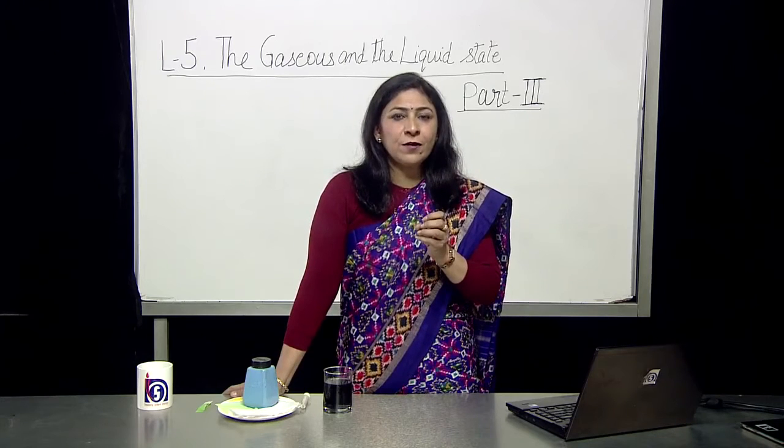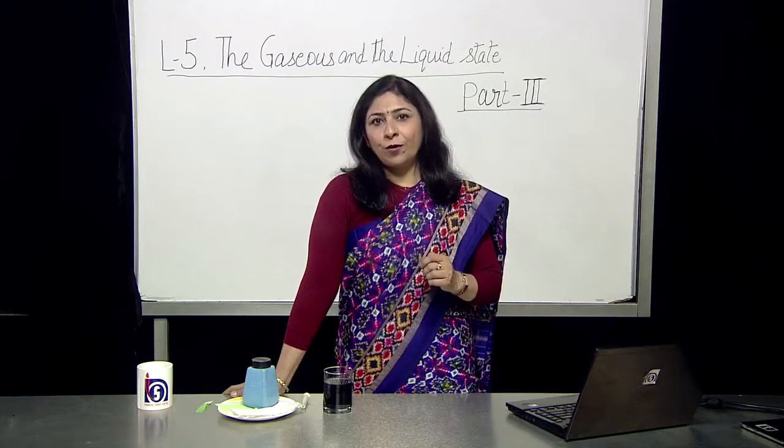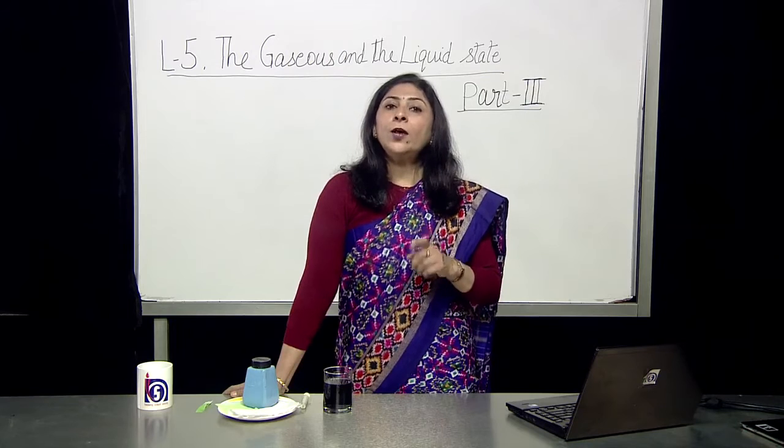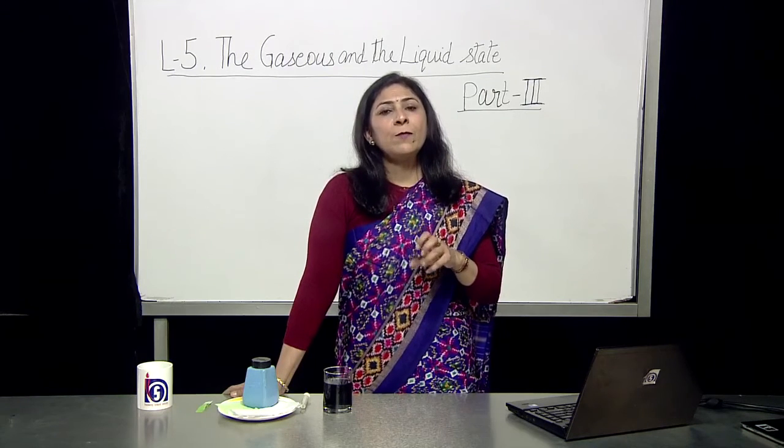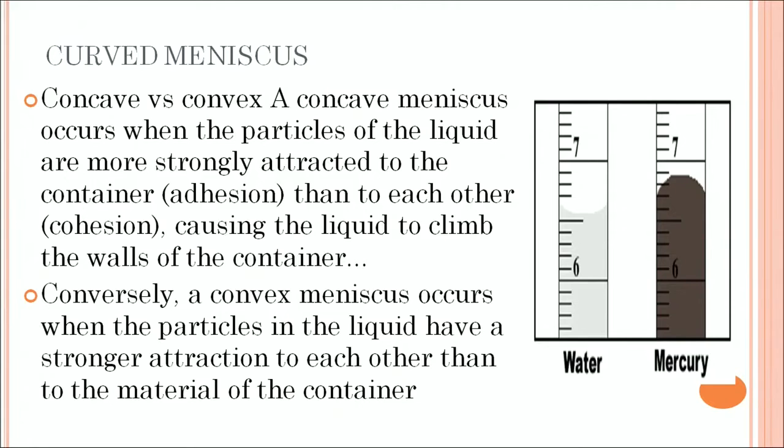We find that in the water case, but in the mercury case the cohesion is more. It means the molecules of the mercury are more attracted towards each other rather than towards the surface.